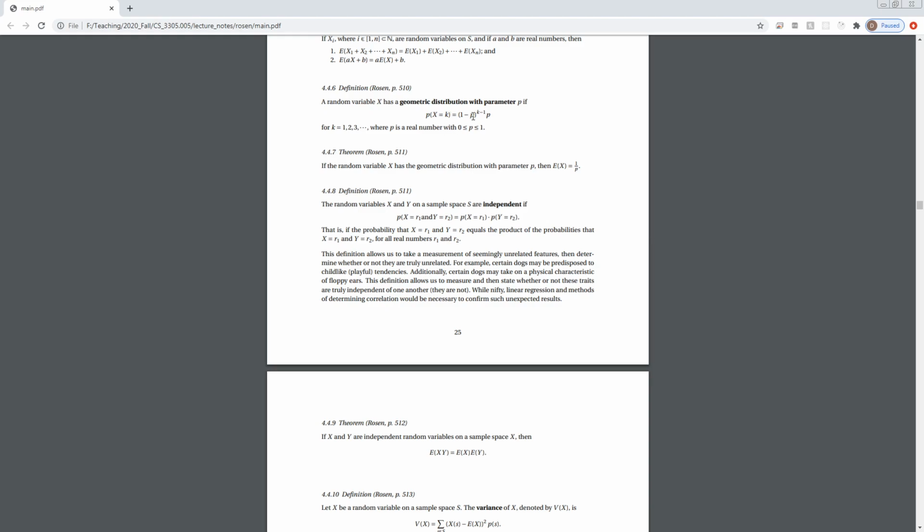So for a coin flip, we would expect to get heads or tails after 2 flips, and that's this 1 minus p. So we assume that we fail, right? If we're measuring for p, then we assume that we fail k minus 1 times, and then on the kth trial we get our success.